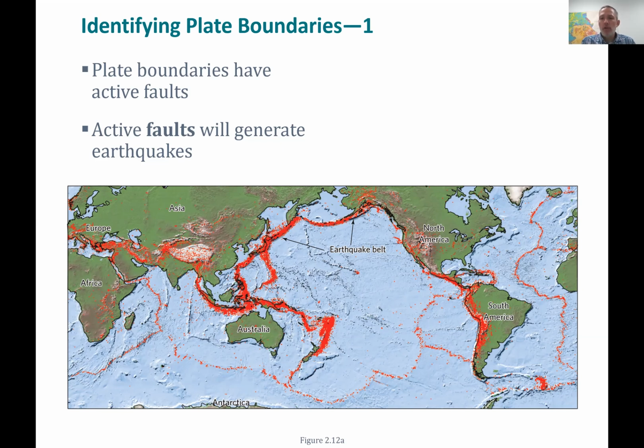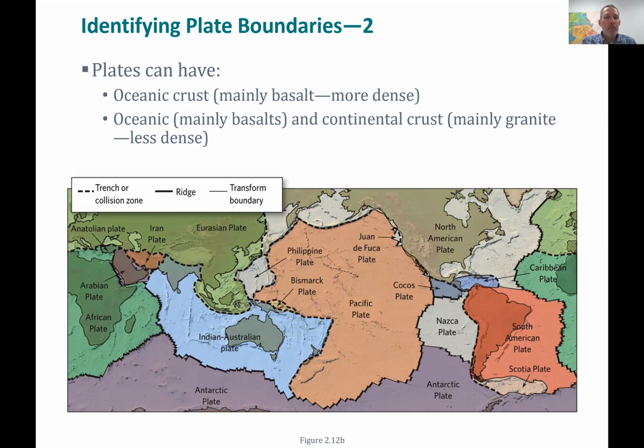So if we're trying to identify where the plate boundary is, look for earthquakes. Once we've established where those earthquakes are, we can then identify where the rest of those earthquakes are, create that plate boundary, find the edges of that boundary, so we can identify this entire plate.